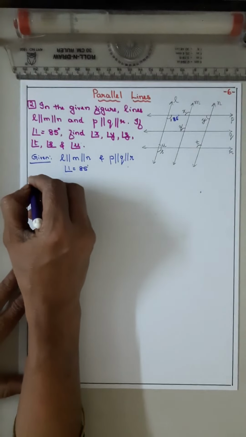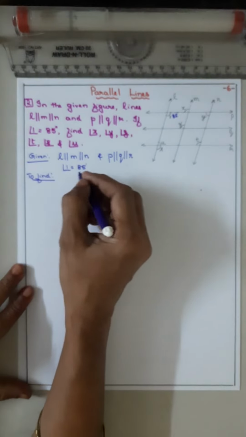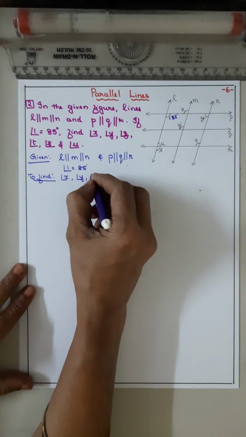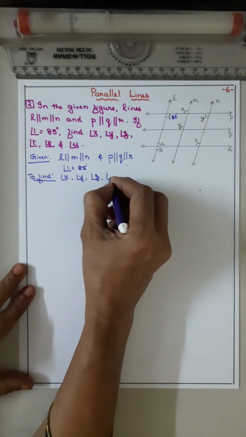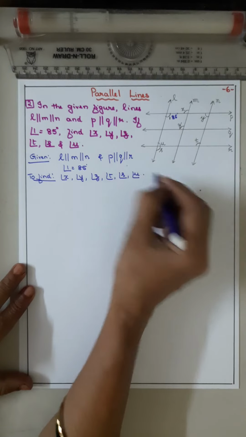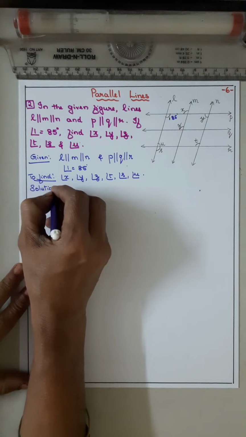Now, to find: they have asked for angle X, angle Y, angle Z, angle T, angle S, angle U. Okay, one by one we will solve.